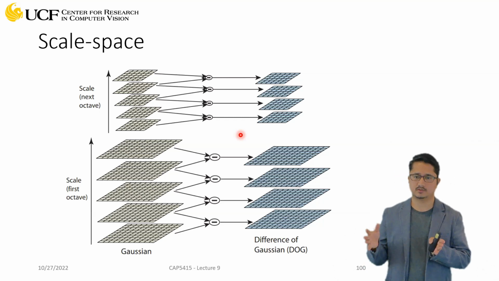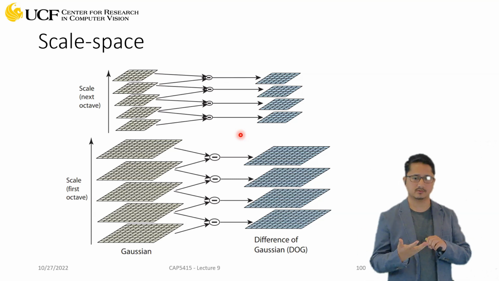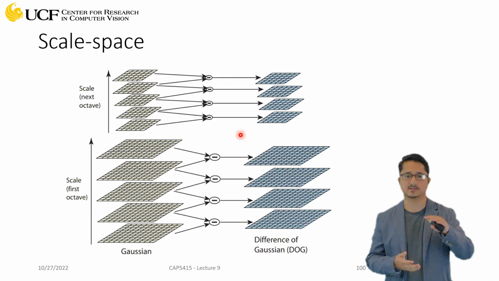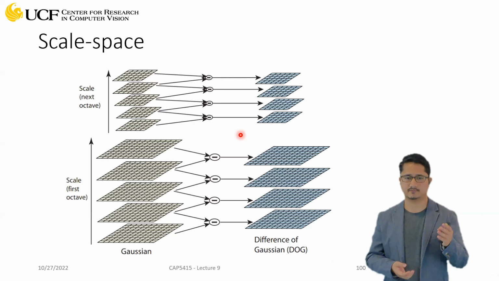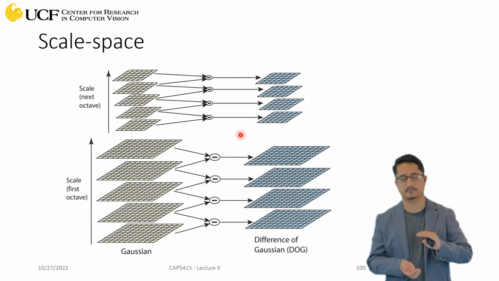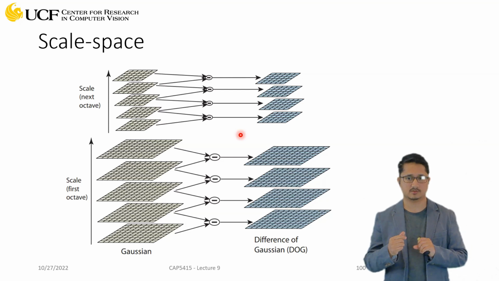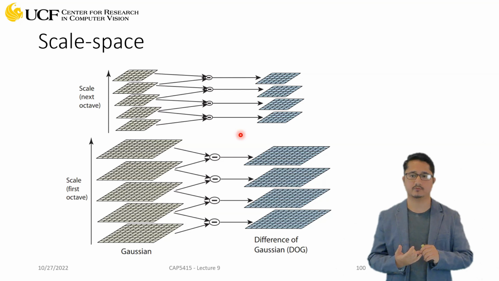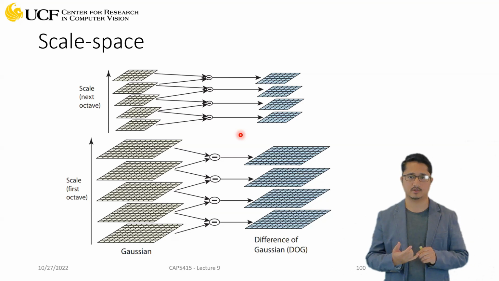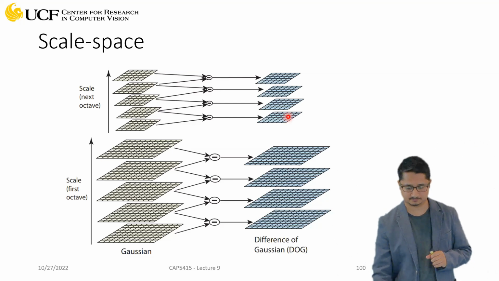Let's say you start with a 300 cross 300 image, that will be your first octave, and then you reduce it to 150 cross 150, the second octave, then 65 cross 65, the third octave. Within each octave you have multiple scales of your filter, going 1K, 2K, 3K, 4K, 5K. K is the standard deviation of the Gaussian function when computing your Laplacian of Gaussian or difference of Gaussian. Does that answer your question?